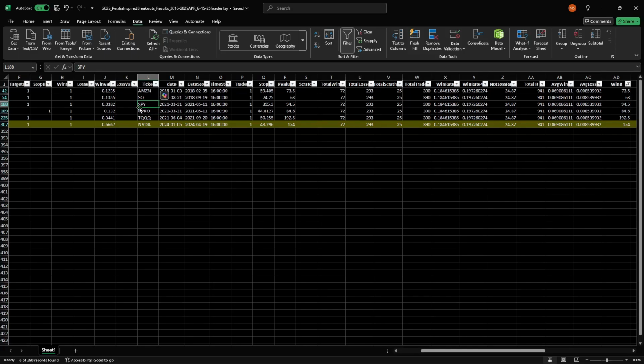Anyway, you could decide to not trade the ETFs, right, which takes out a few home runs here. We're going to talk about that in a second, though. Then you can see there's a 63R trade on SQ and a 73.5R trade on Amazon. Those are all spread out. So every once in a while you hit a giant home run, right?